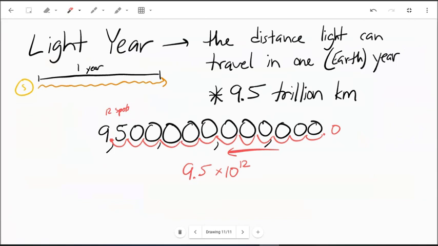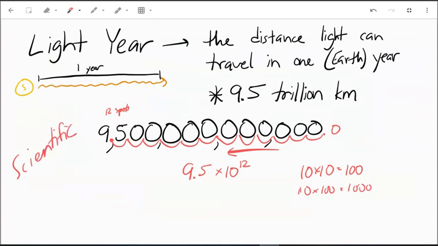Because 10 times 10 is 100. What's 10 times 100? You add a 0 to it, right? It's 1,000. So scientific notation uses powers of 10 to write big numbers smaller.